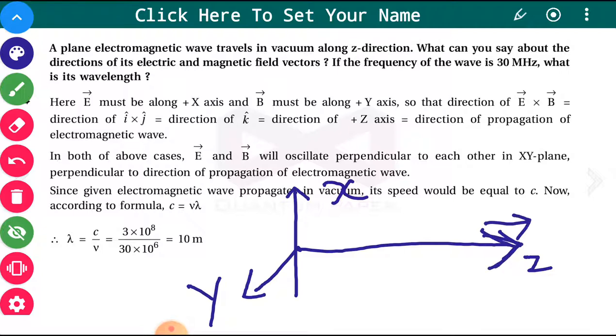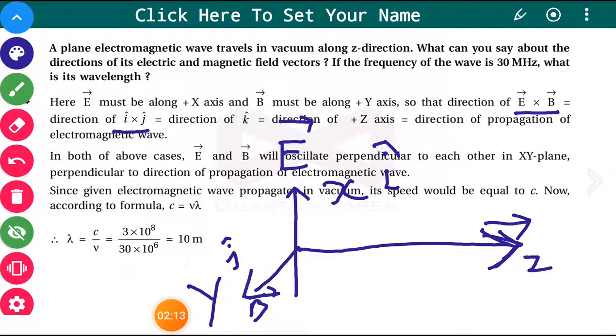So if you take E cross B, then you will have i cross j, because this is the direction of electric field vector, that is x-axis, and y-axis is taken as the oscillation of magnetic field vector, and that will give you j cap.